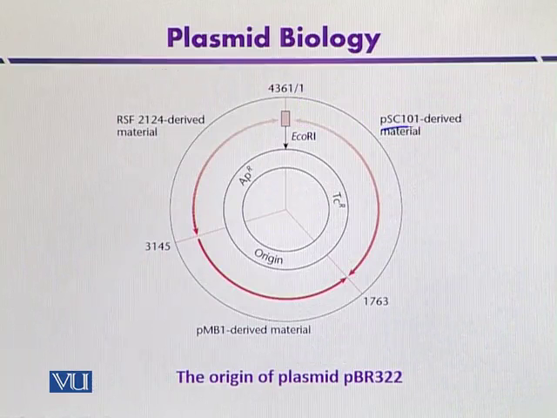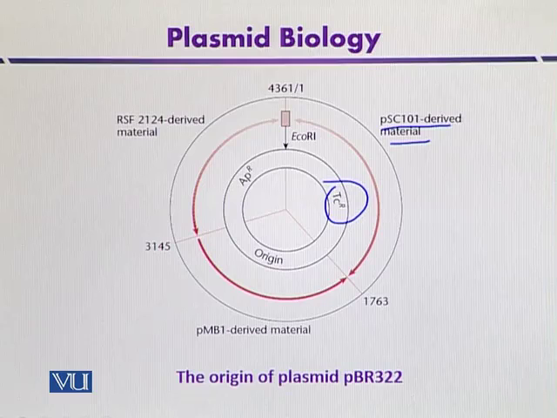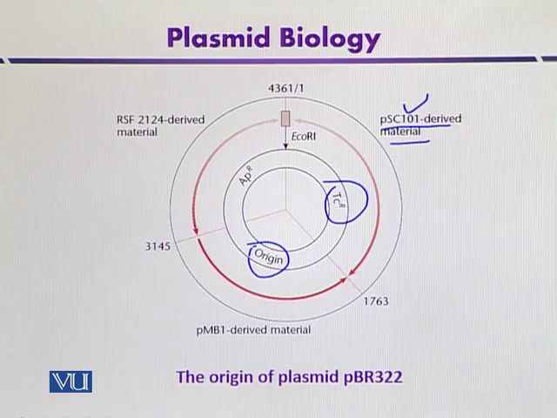So its tetracycline resistance gene is from pSC101, and its origin of replication, which mediates its independent replication from the host chromosome, is from the pMB1 plasmid.